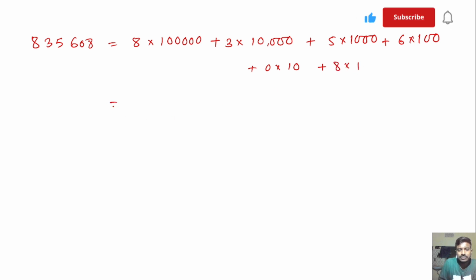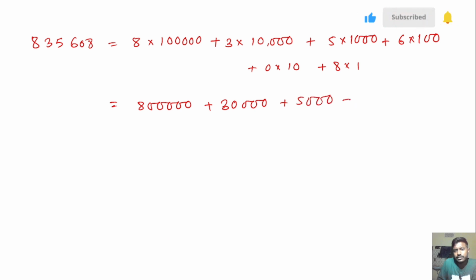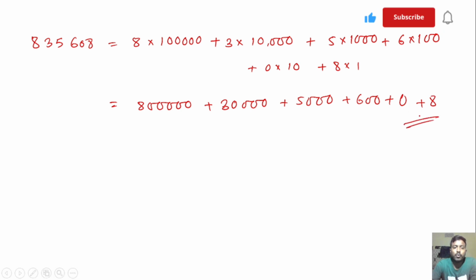Okay, and the second one is 8 lakh 30,000 5,600 0 then 8. This is the expanded form of this number.